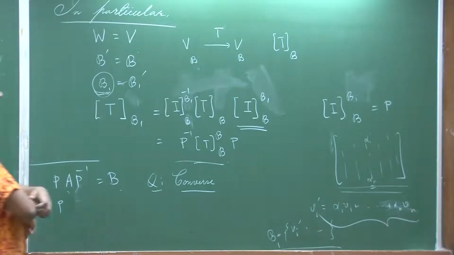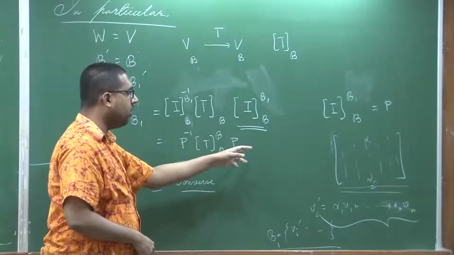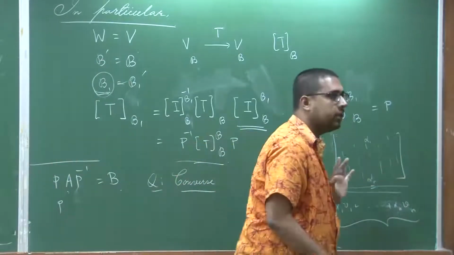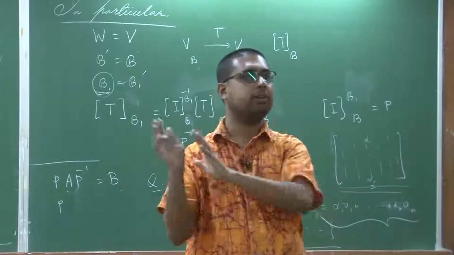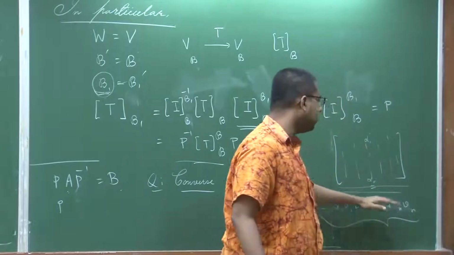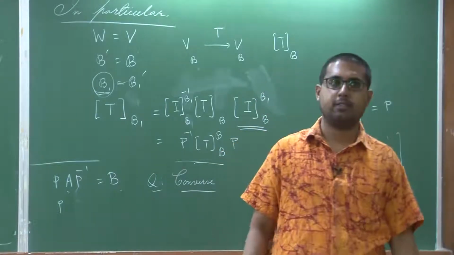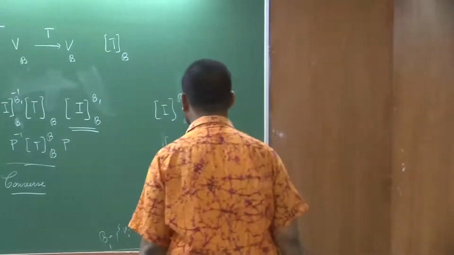one thing is very clear, that a change of basis does correspond to an invertible matrix. That is, if I have two ordered bases, from one ordered basis to another ordered basis, how do we arrive? By means of an invertible matrix, and vice versa as well.